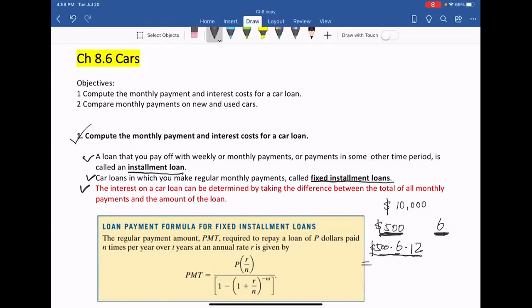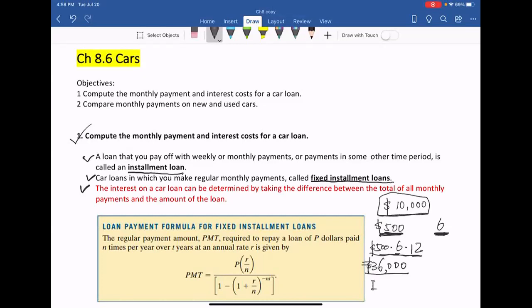Let's use a calculator to find 500 times 6 times 12. That's 36,000. So totally I need to pay 36,000. But the loan I have borrowed is 10,000.